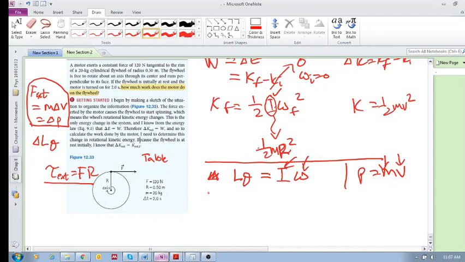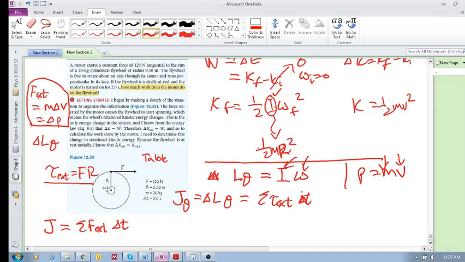So delta L, which is an angular impulse, is equal to, what is going to change the momentum? It is the sum of all your external torques times time, delta t. Remember, linear impulse, J, was equal to the sum of all your external forces times delta t. So this is the rotational equivalent.